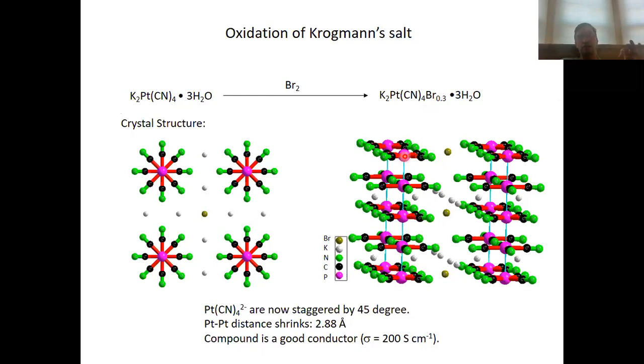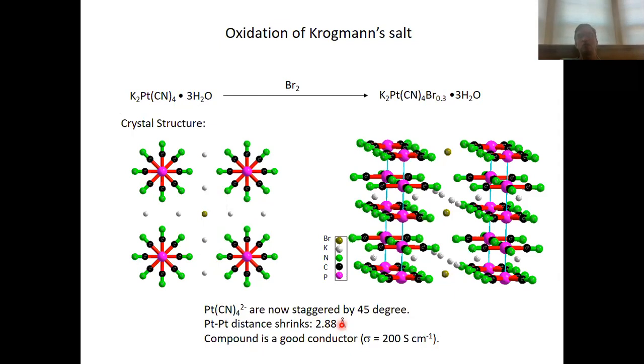But in contrast to the non-oxidized form, the PtCN4 units are now in a staggered conformation. And when you analyze the platinum-platinum distances, then you see that they are now significantly shorter. They are now only 2.88 angstroms.